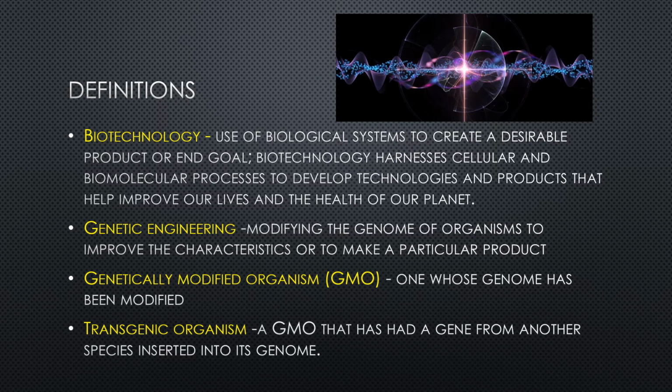But this also happens naturally. Sometimes when you have insects that are eating from different animals, they can insert DNA from one organism into another. So even transgenic organisms occur without the help of human input. Okay, but now we're all on the same page with definitions, so let's move on.